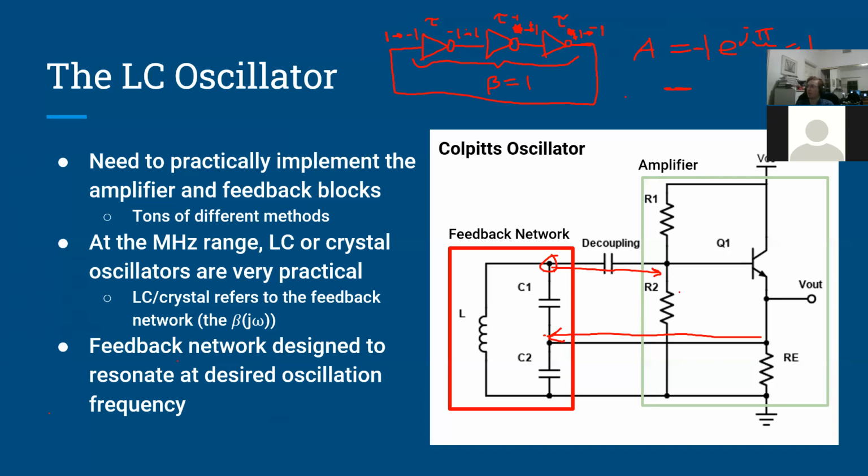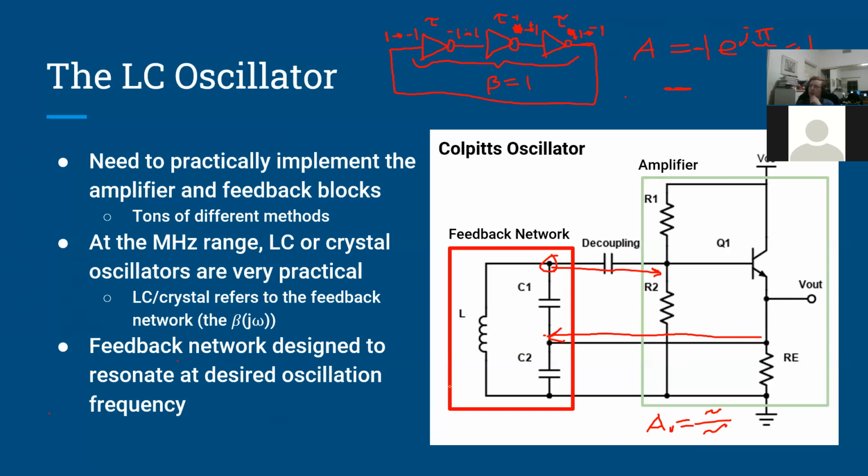Okay, so we calculated the gain of the common collector amplifier before, which is some value over some other value. But remember that it was positive and it was real, a real number, not a complex number.